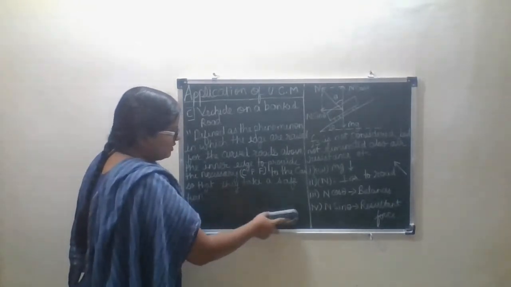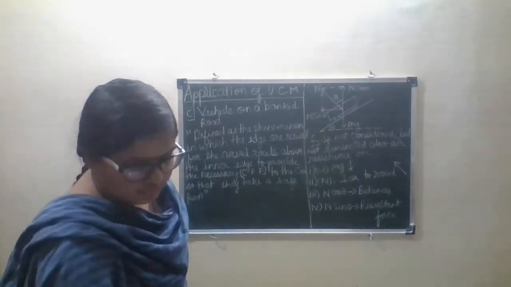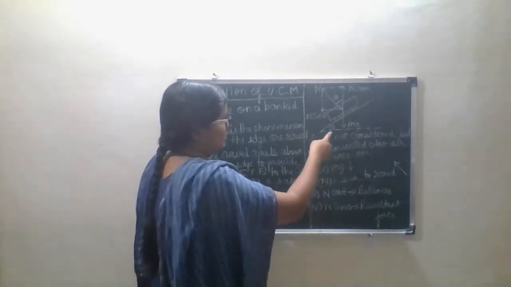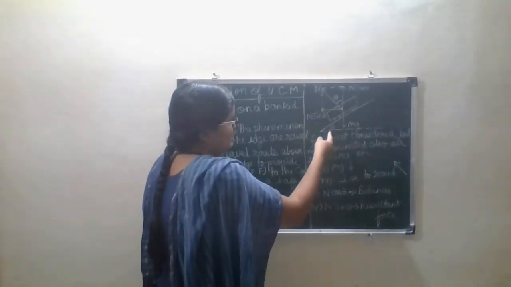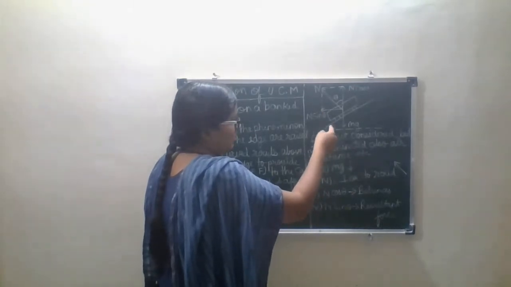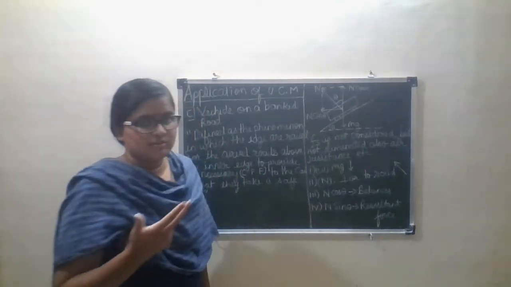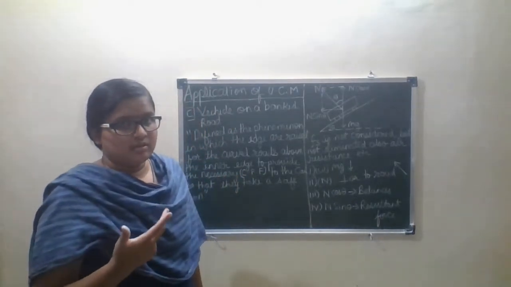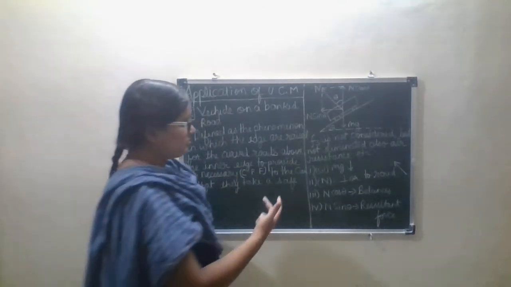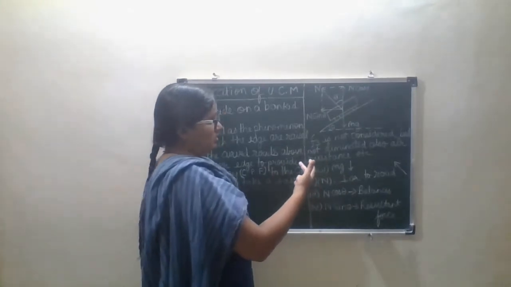But in the science view, we have to see it like this: the horizontal road, and this is the banking angle. Banking angle means theta, how much angle the road is built at.